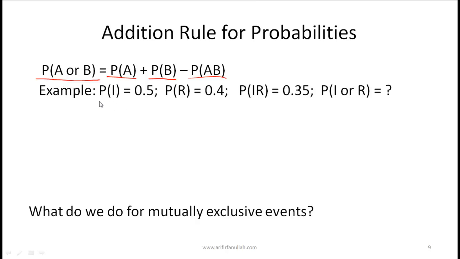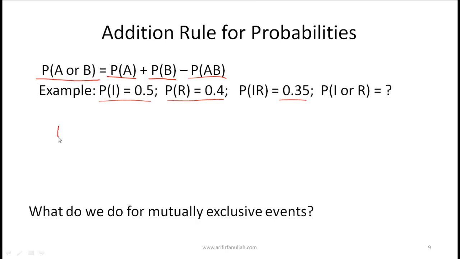Let's say that the probability of interest rates going up is 0.5. The probability of a recession is 0.4. Notice that these are both unconditional probabilities. And the joint probability of both interest rates going up and a recession is 0.35. Then what is the probability of I or R?